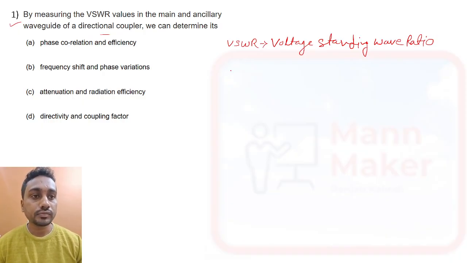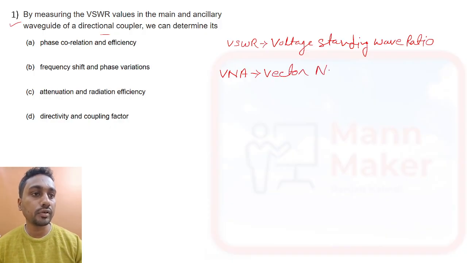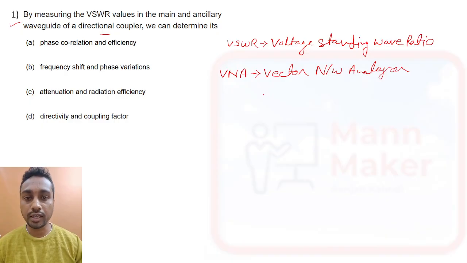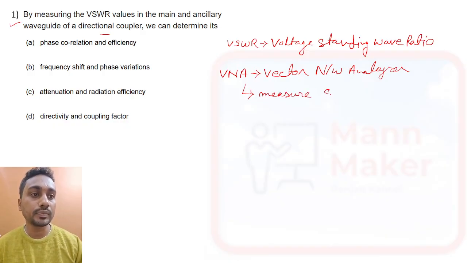So one term is there, it is VNA. VNA is vector network analyzer. Using a vector network analyzer we can measure the S parameter of a system.